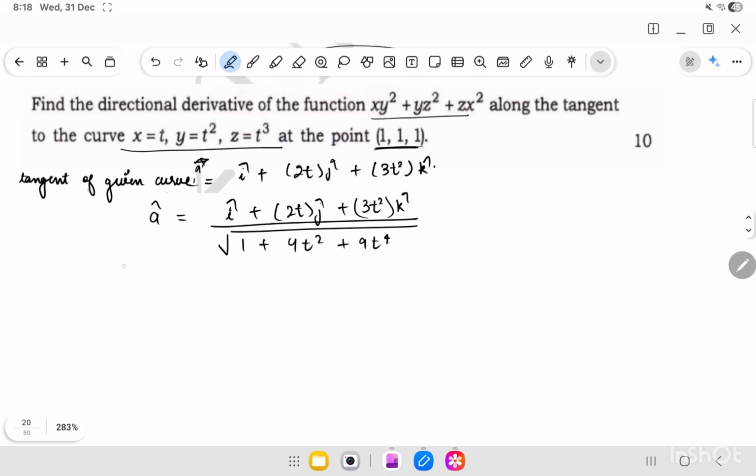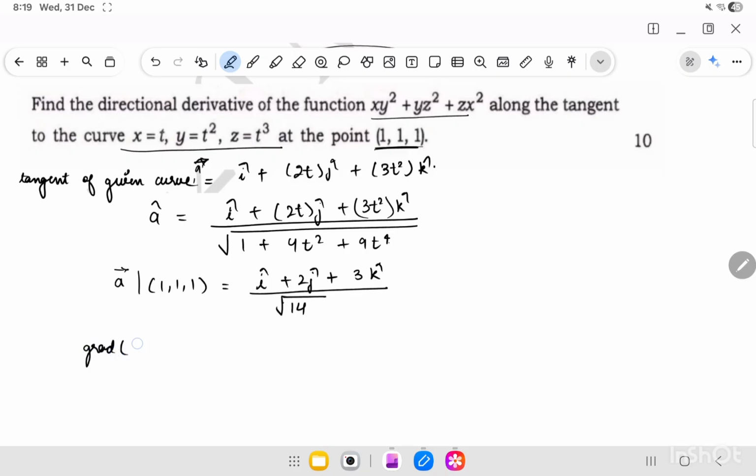And we need to evaluate the directional derivative along the tangent at point 1, 1, 1. So at that point the tangent will be i cap plus 2j cap plus 3k cap divided by square root of 14.